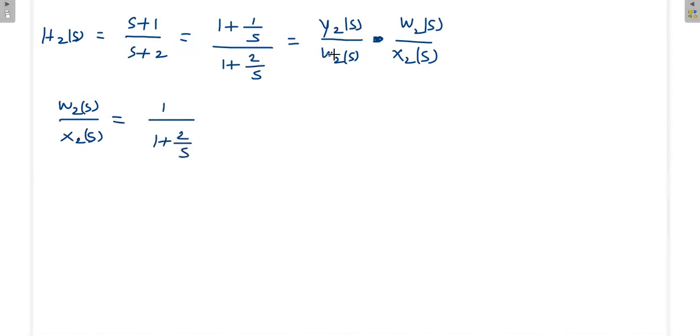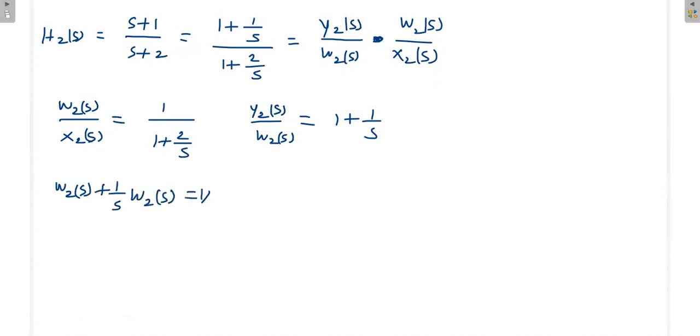That means we are taking the denominator. For the output we take the numerator: Y2(s) divided by W2(s) is equal to 1 plus 1 by s. Now we can cross multiply this: W2(s) plus 1 by s W2(s) is equal to X2(s). And Y2(s) is equal to W2(s) plus 1 by s W2(s).